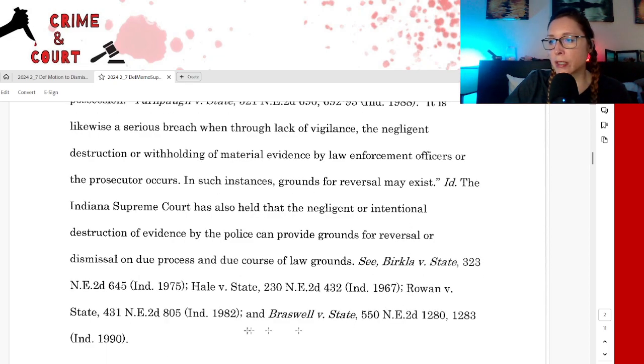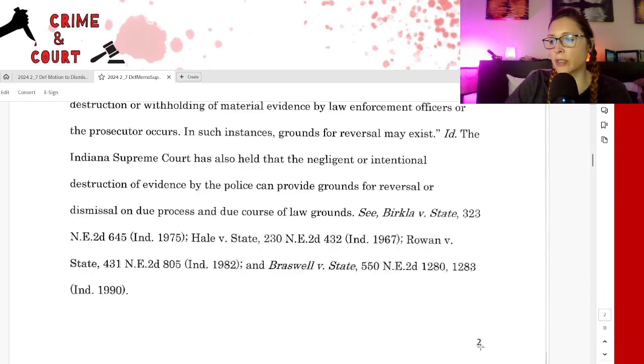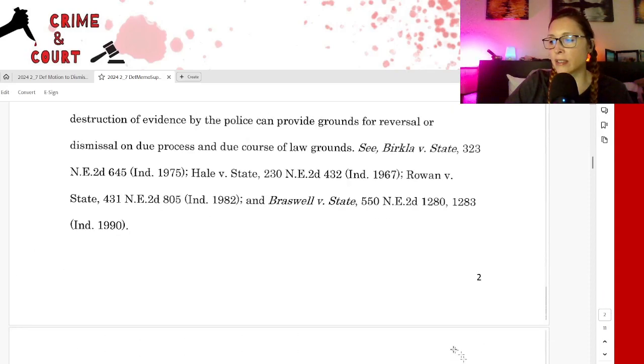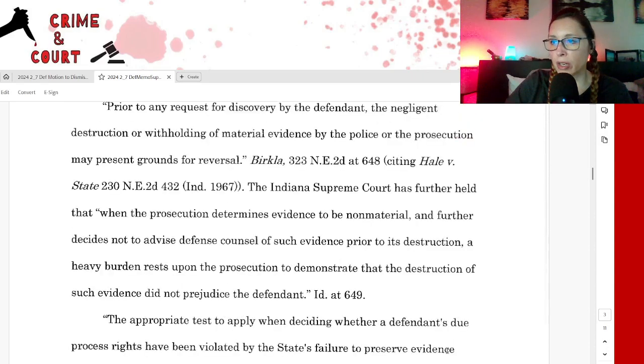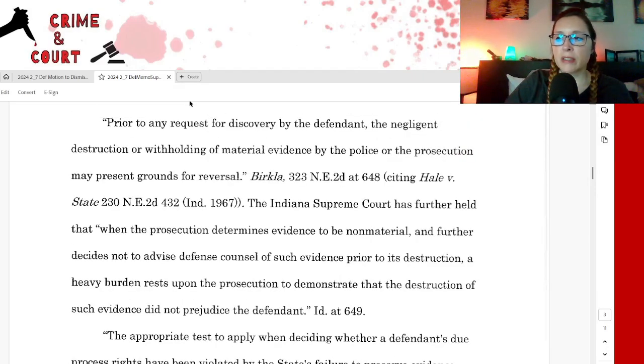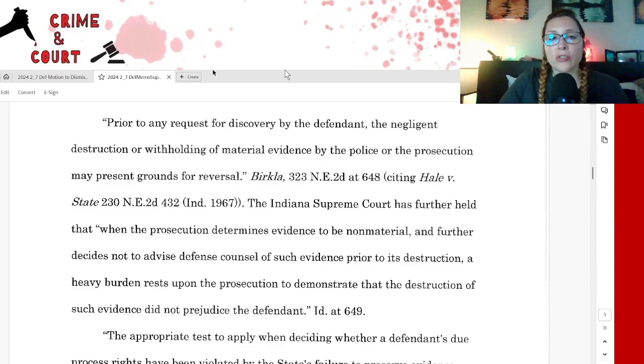All right, so the Indiana Supreme Court has also held that the negligent or intentional destruction of evidence by the police can provide grounds for reversal or dismissal on due process and due course of law grounds. So they're stating a whole bunch of other case law. All this is basically case law supporting their motion to dismiss. And what's likely going to happen is the judge is going to deny their motion to dismiss.